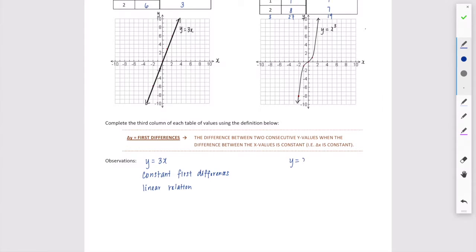On a graph of y equals x cubed, we saw a curve instead of a line. And we also noticed that delta y, the first differences, are not constant. So constant meaning not the same.